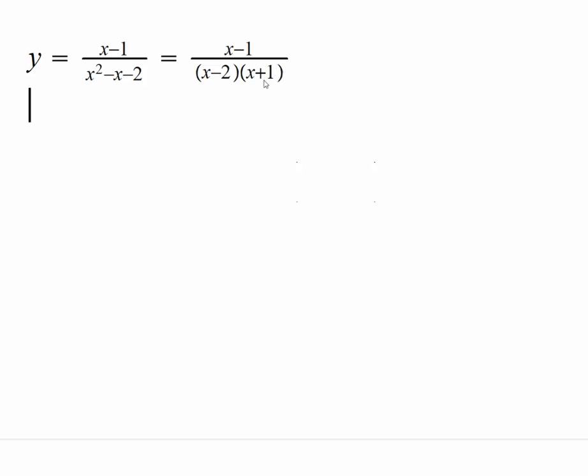So what you notice is that x minus 2 and x plus 1 are factors of the denominator, and neither of them is a factor of the numerator. So the vertical asymptotes will be given by x minus 2 equals 0, or x equals 2.